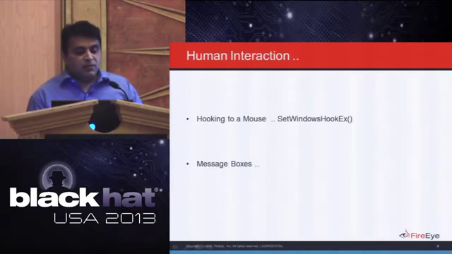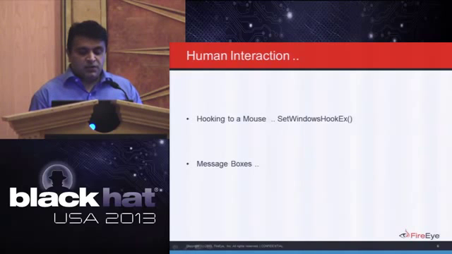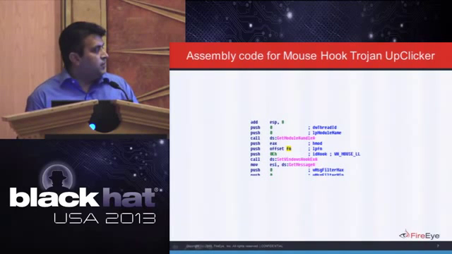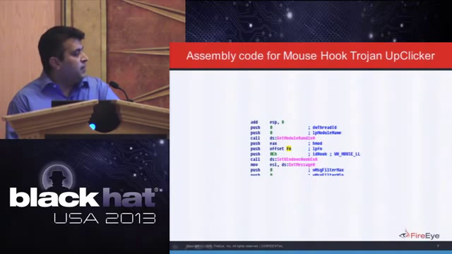File-based sandboxes emulate a physical system which lacks human interaction, and this fact has been used to develop evasion techniques. This is code from Trojan Upclicker, which we observed in December 2012. It makes a call to the function SetWindowsHookEx, and passes the parameter 0EH.